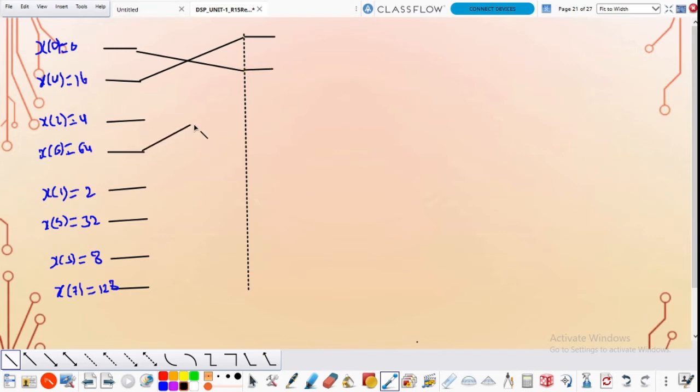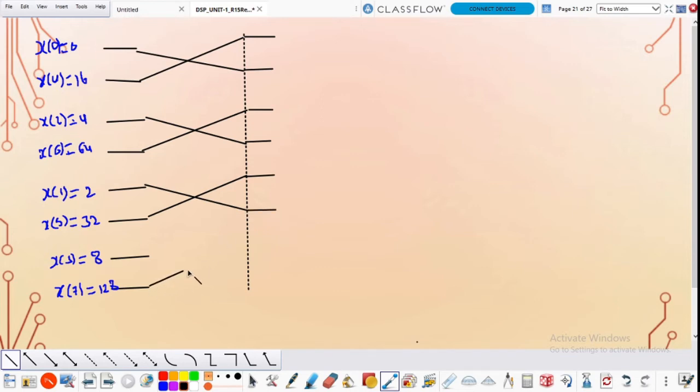Similarly, this is drawn by upward direction, and this is drawn by downward direction. And here also these 2 samples are another combination. This down sample is drawn by upward direction, and this up sample is drawn by downward direction.